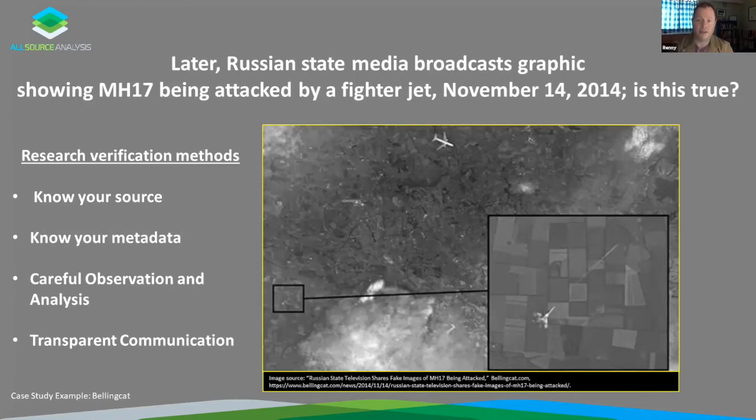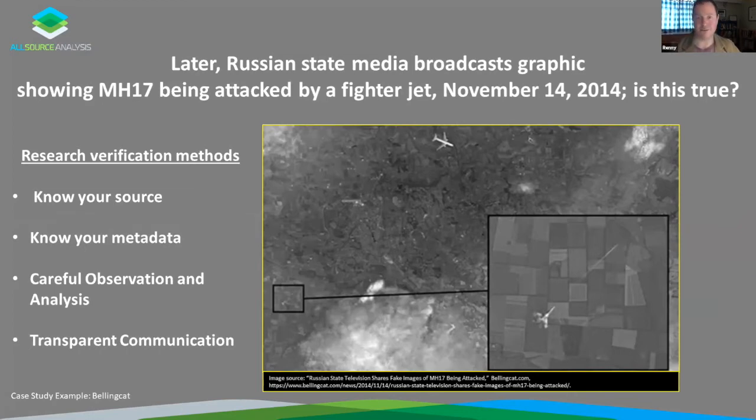The idea that an image would capture a fighter jet shooting something is incredible. That would be extremely coincidental. It would be extraordinarily difficult to plan for something like that, and even more coincidental to catch something like that without planning. So that's the first thing.